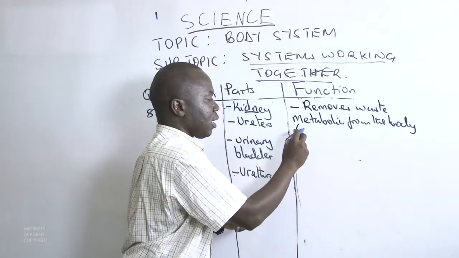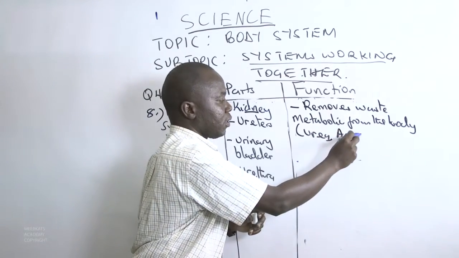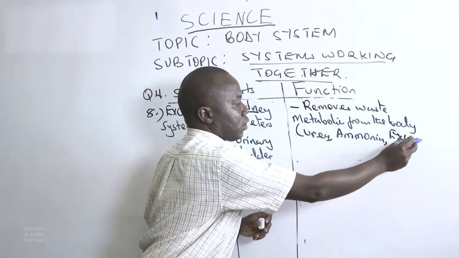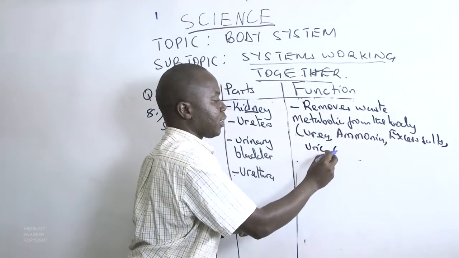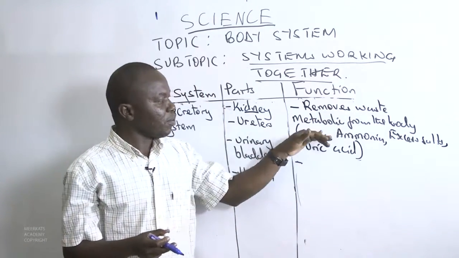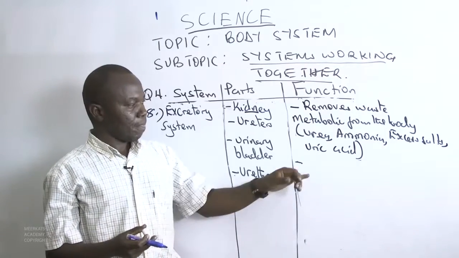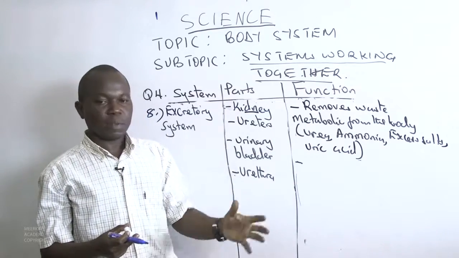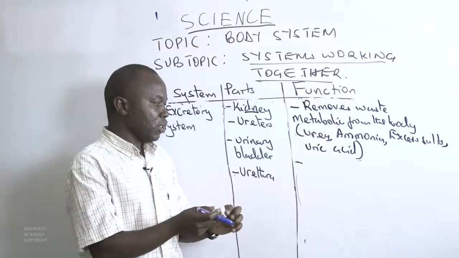But the major ones, as we are able to mention, are urea, ammonia and excess salts, with some small amounts of uric acid. But as it is removing these waste metabolic products, they come out with water. Some of these waste metabolic products come out in form of urine, which is in liquid form, which means it contains water.